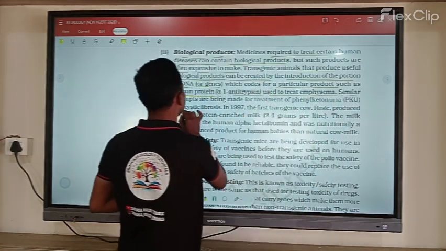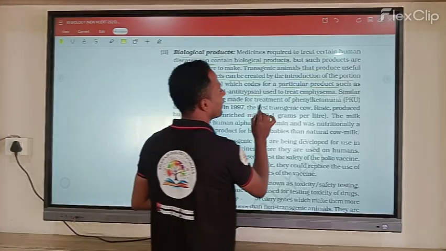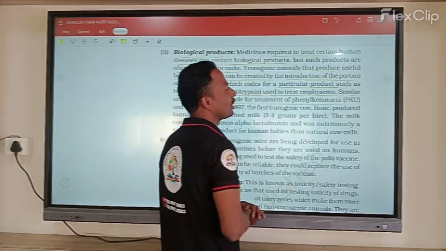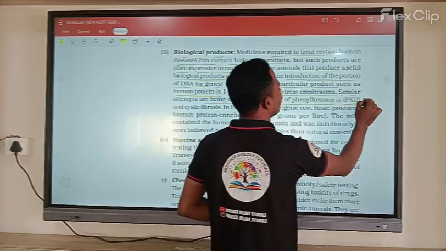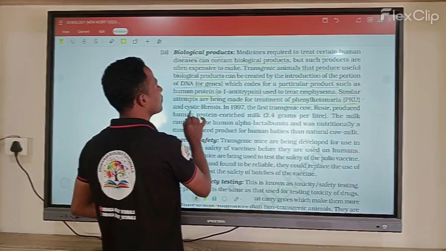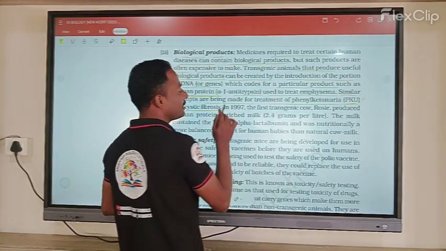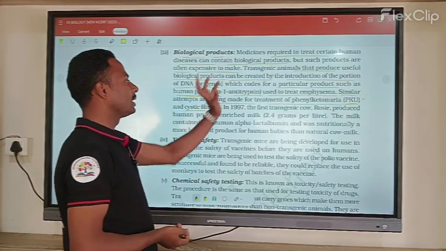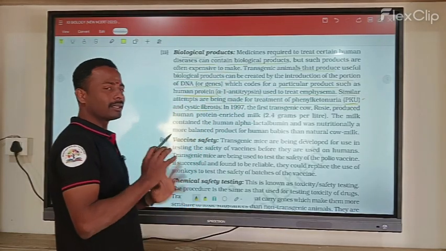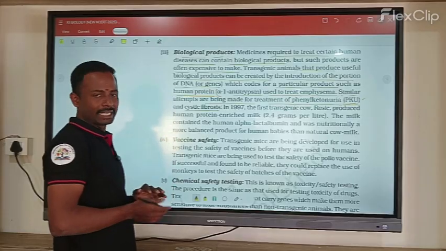Similarly, attempts are being made to treat phenylketonuria, that is PKU, and cystic fibrosis. So in this way, genes are used to treat and control other diseases.